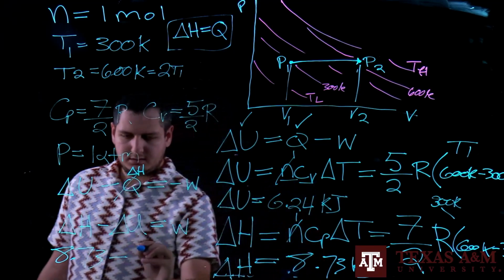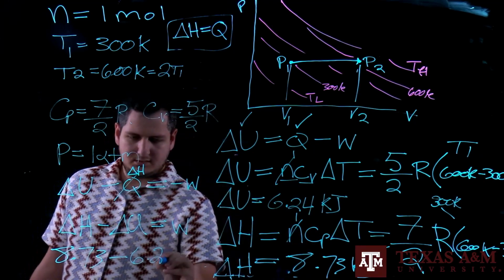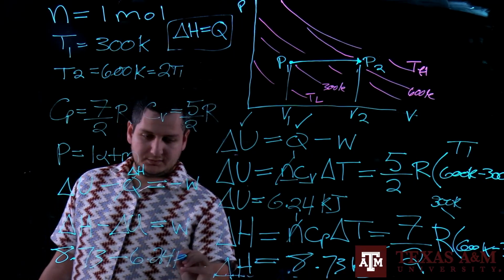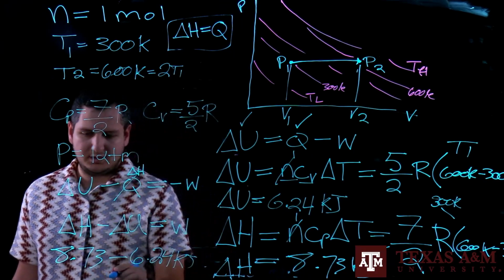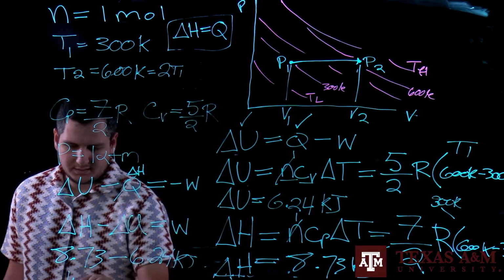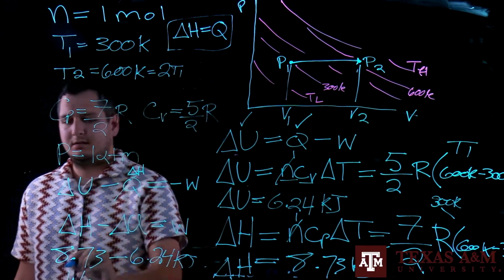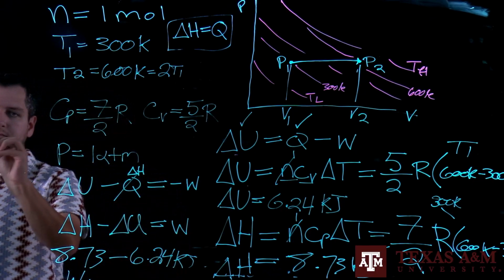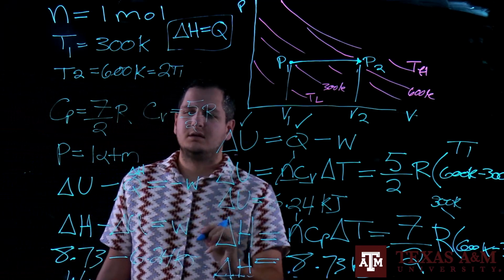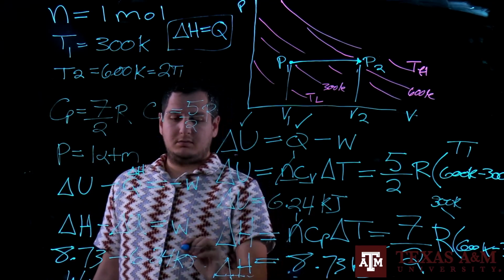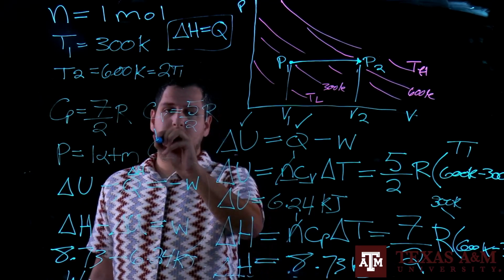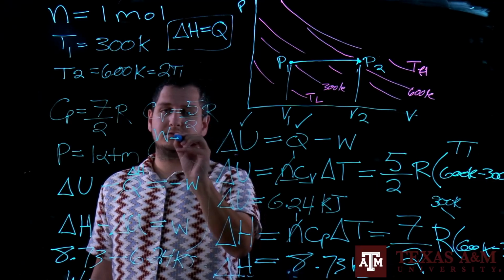6.24 kilojoules. So the units are for both. And that means work, can't really see it. Let me put it up here. Can't see that either. I'm going to put it here for our final answer.